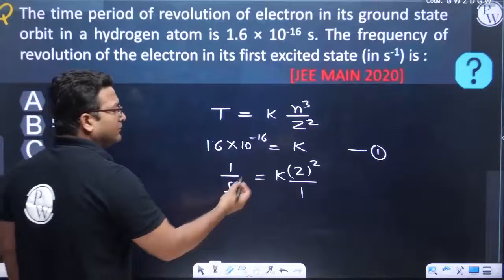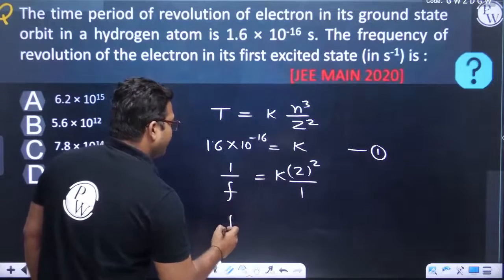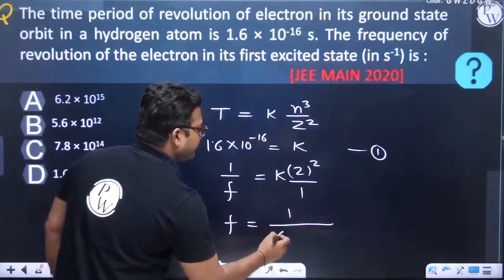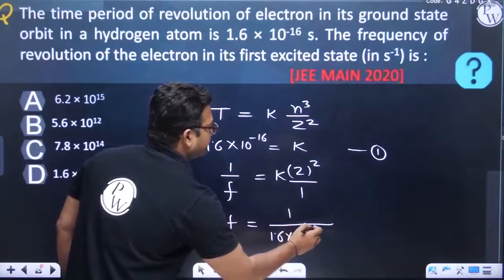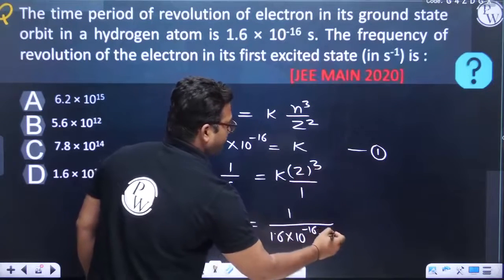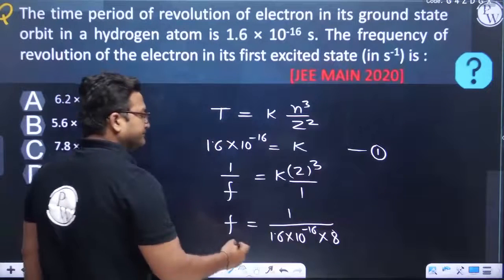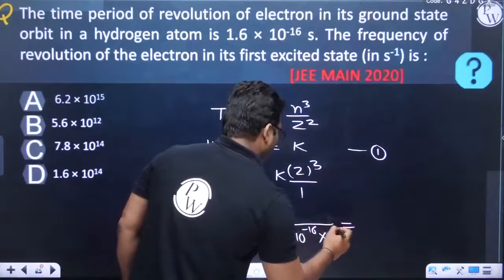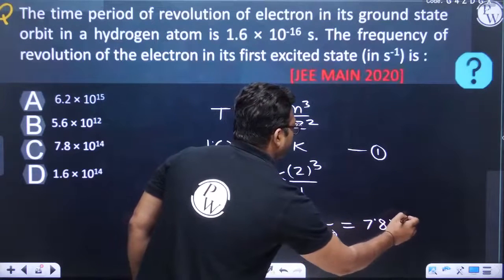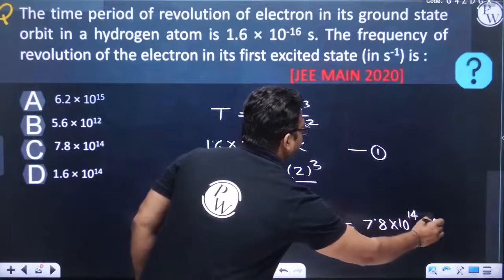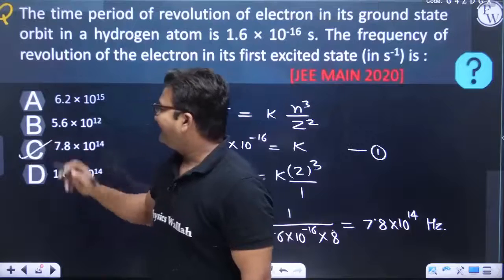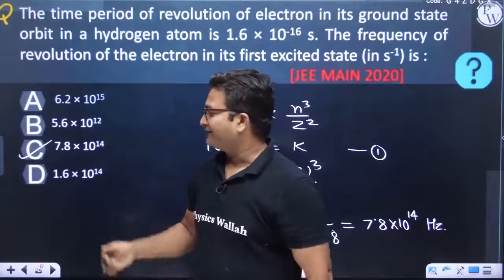So let us put the value of k here. We have frequency equals 1 divided by k, which is 1.6 times 10 to the power minus 16 times 2 cube. It is 2 cube actually, so 8. Now, if you solve this, you will get approximately 7.8 times 10 to the power 14 hertz. So obviously, your perfect answer is C, 7.8 times 10 to the power 14.